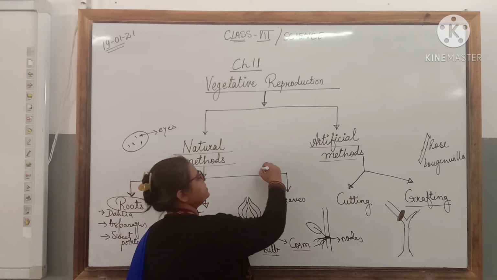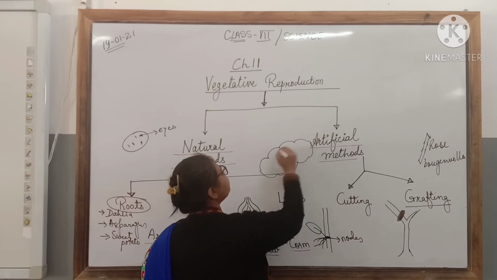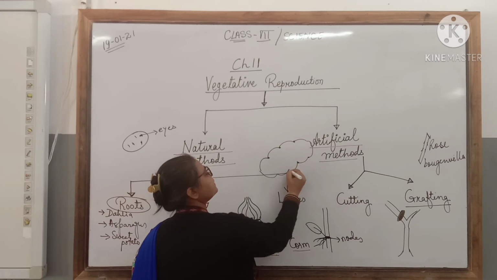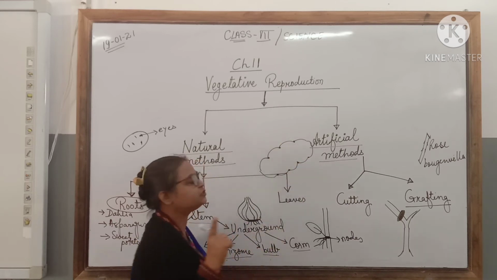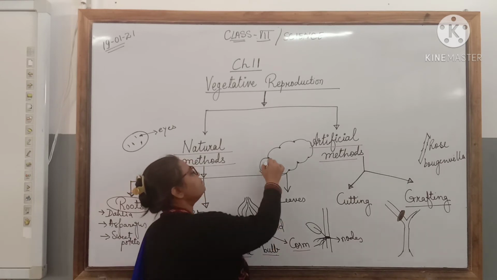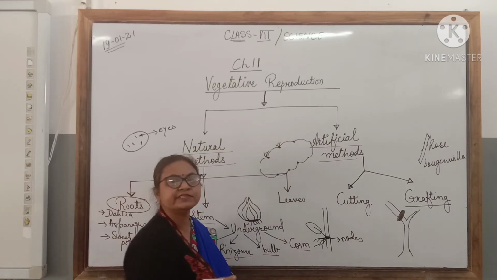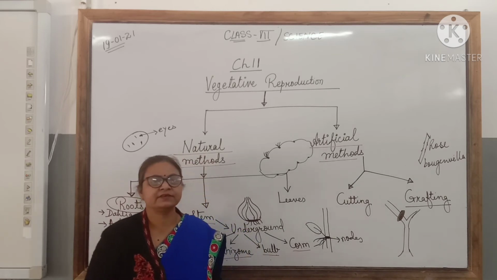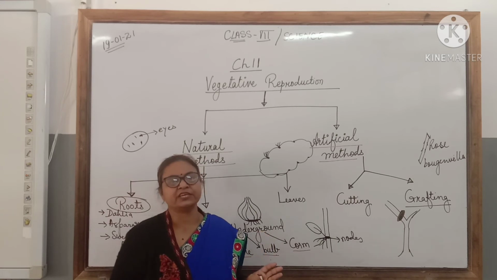Bryophyllum leaf is of this type. Notches are there and here nodes are present at the leaves. These notches are present and at each notch you have a node. When the leaf matures, new plantlets develop from this, and as the leaf falls on the ground, these plantlets develop into new plants. So this is how leaves help in vegetative propagation.